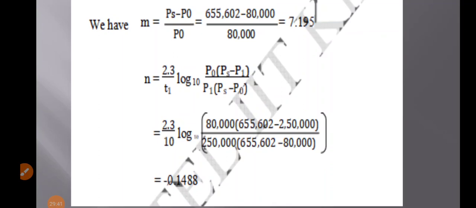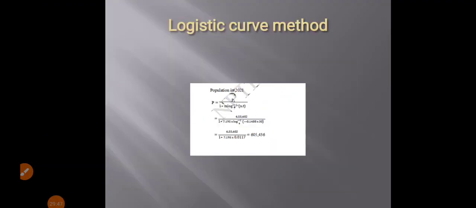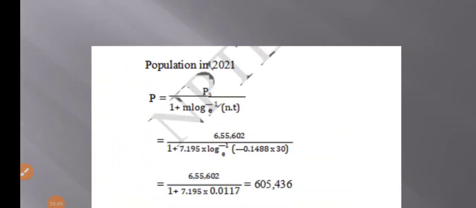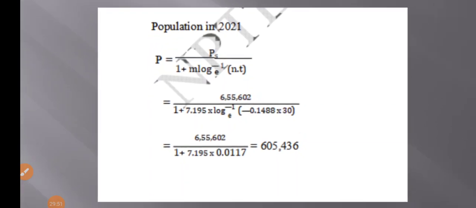Now this Ps value, M and N value should be substituted in the main formula to find the population in 2021. P is equal to Ps divided by 1 plus M log e to the power of minus 1 into N into t.